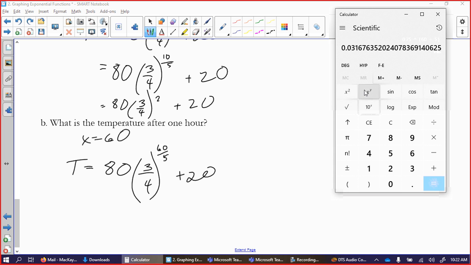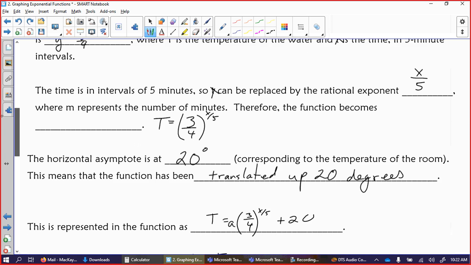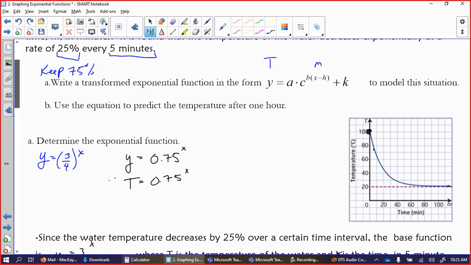Close the bracket. Times 80 is about 22.5 degrees. Which, looking at our graph after an hour, we're slightly above that, so we should be pretty good.